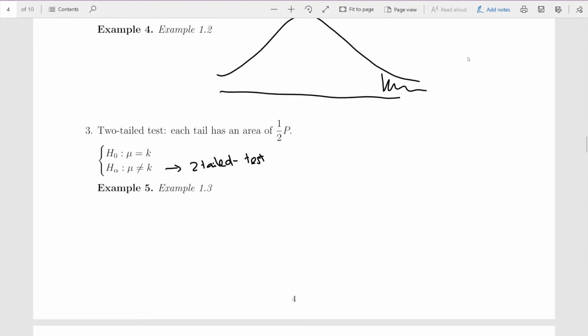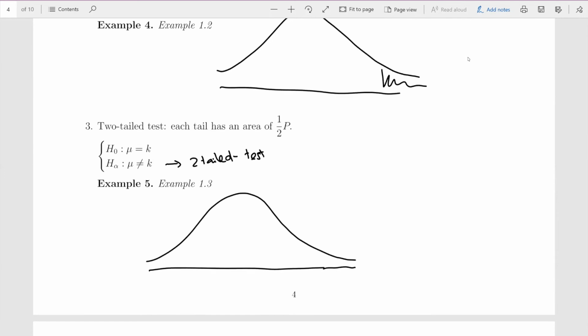And in the two tail test, the p-value is going to be 2 times the area on the tail. If you come up with this test statistic z or t, you can find the probability to the left of this test statistic, and then you multiply this p-value by 2.